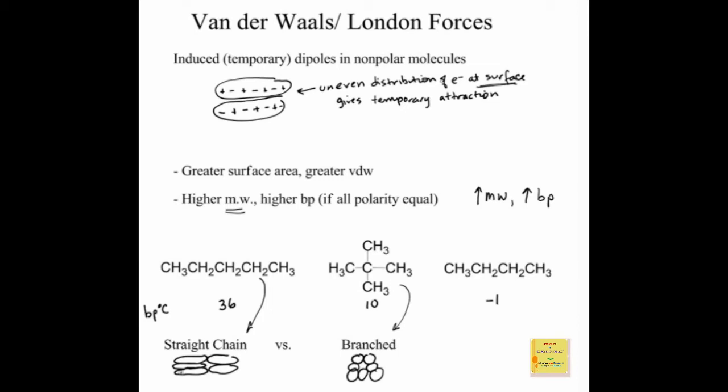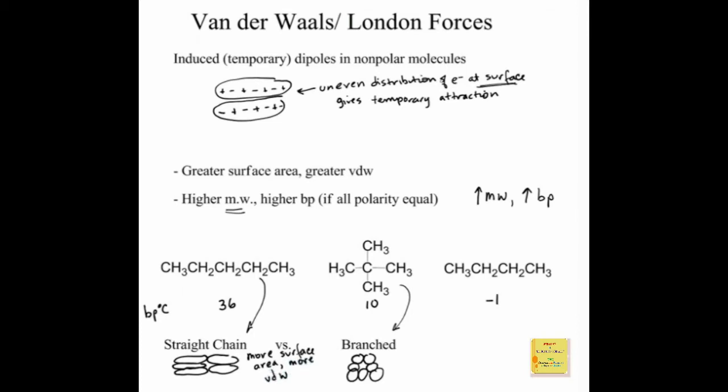And then if you imagine how straight chain molecules will interact with one another, we see that they can have a lot of interaction because they have a larger surface area. So this has more surface area, and therefore we're going to have more van der Waals.